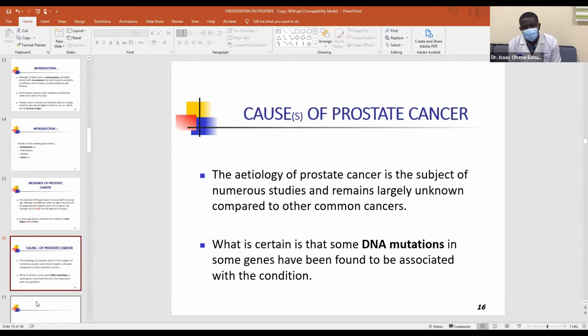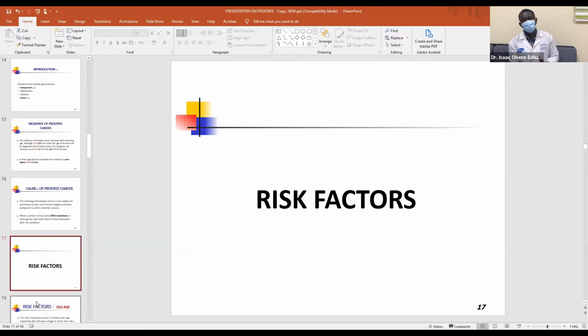And what we know is that some genetic mutations are responsible for the development of prostate cancer. So basically, for the aspect of genes, it is indisputable.